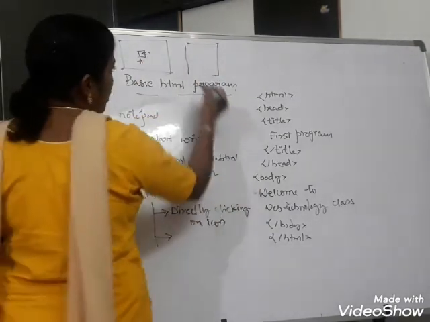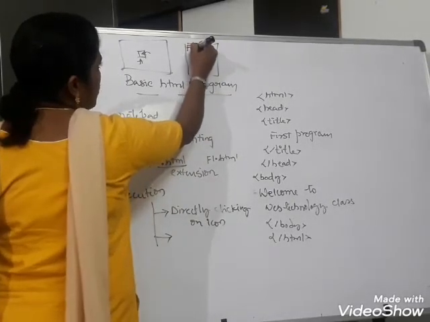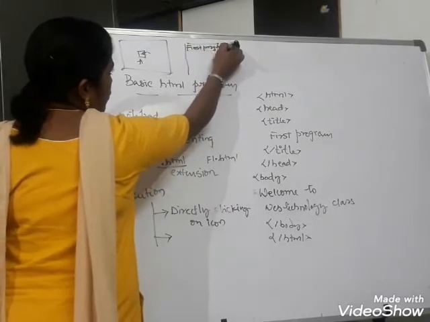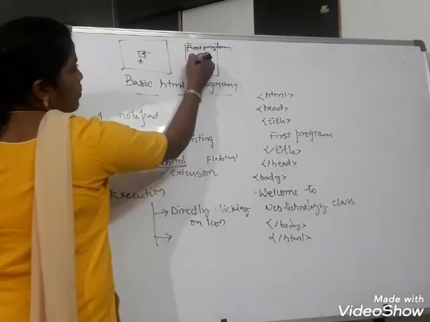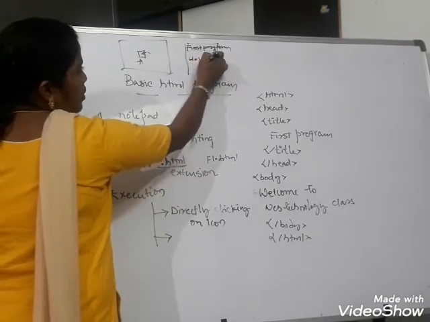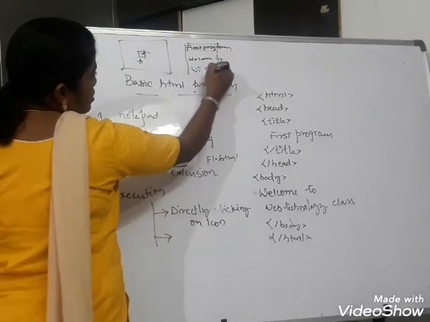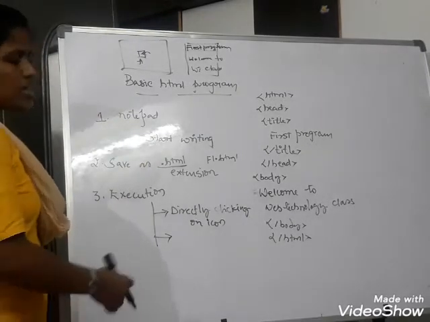The output will be: here it shows it is my first program, and here it shows welcome to WT class, I mean web technology class. So this is a simple way.